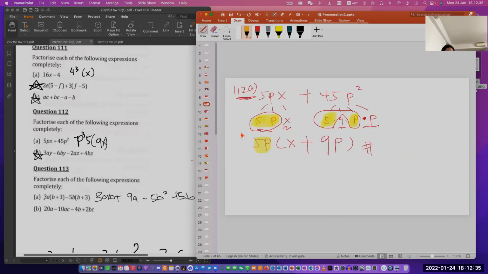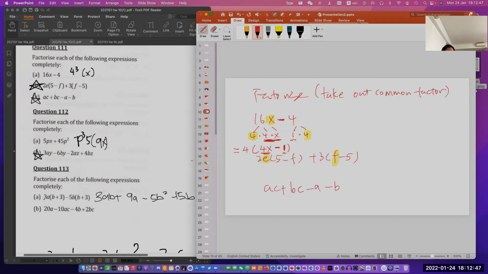Over here for this question, you have one term, you have the second term. So it's 2 terms factorization. And then of course you also have this. This is the first term. This is the second term. So once again, this is a question of 2 terms factorization.